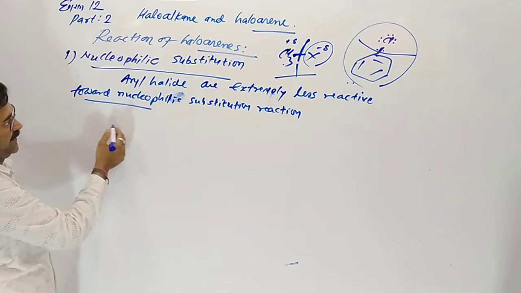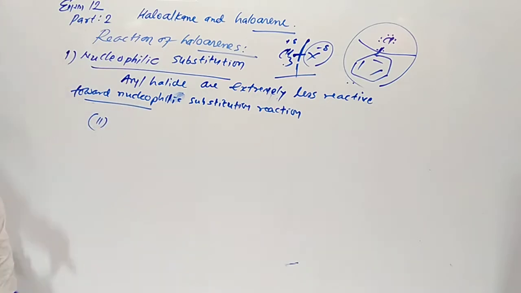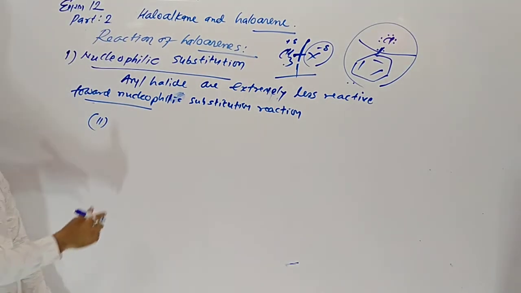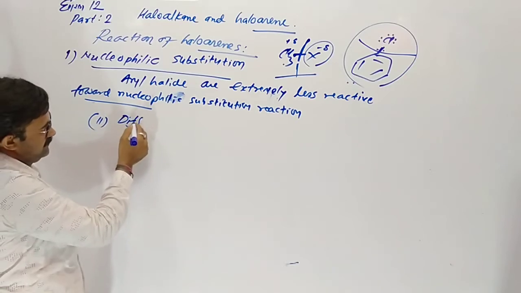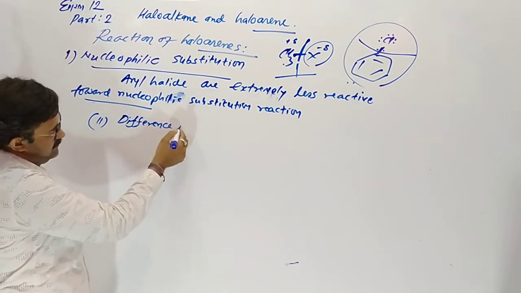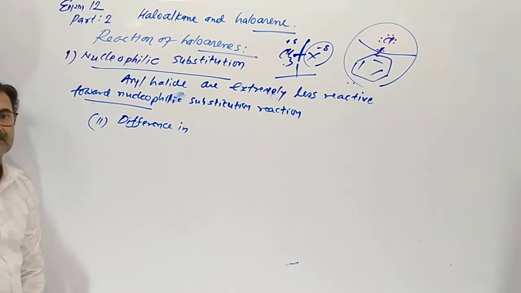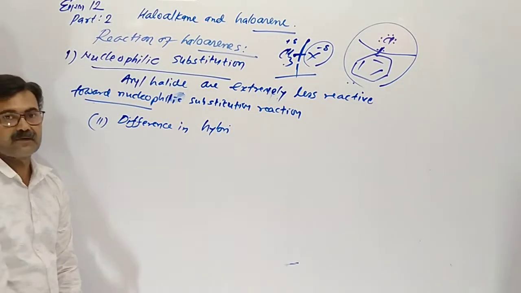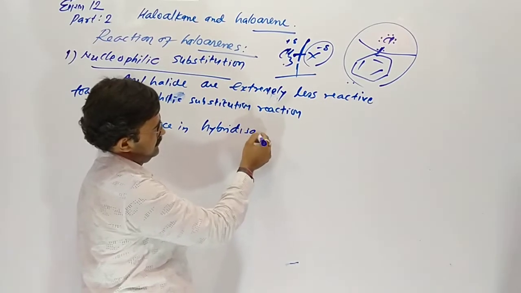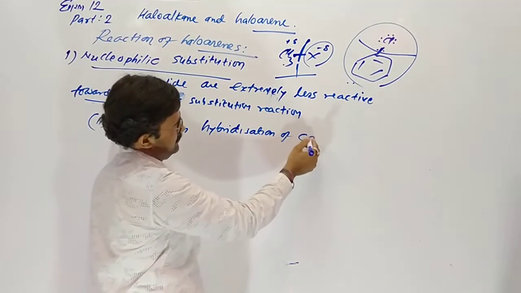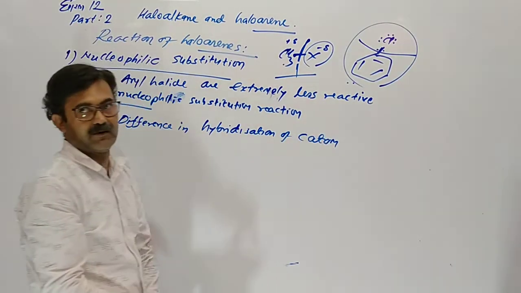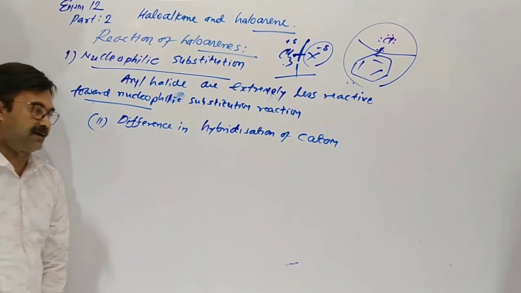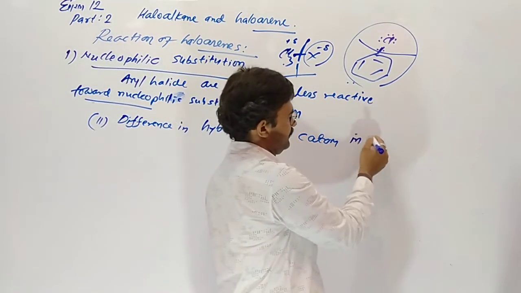For less reactivity, the second reason is the difference in hybridization of the carbon atom in the carbon halogen bond.